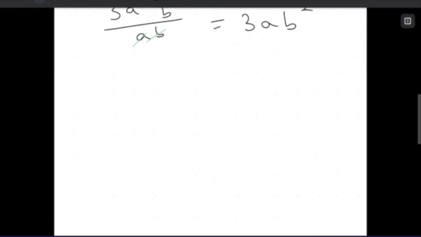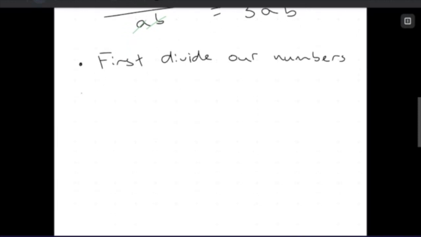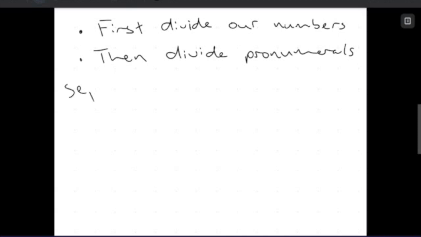So we treat these in the exact same way. We first divide our numbers, our non-pronumerals, and then we divide our pronumerals separately.